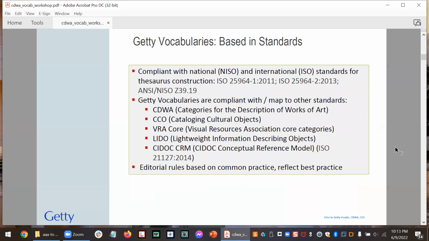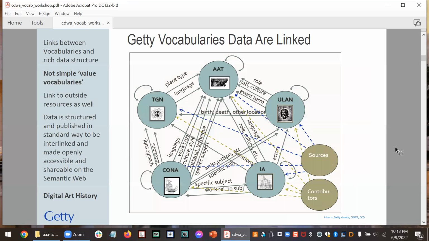The Getty vocabularies are compliant with a number of standards, and you can go online to see a list of them, but most importantly with ISO standards for vocabularies and the American NISO standards. In this diagram, you can see just at a glance the complex links between all the different vocabularies. So this is the rich data structure I spoke of.